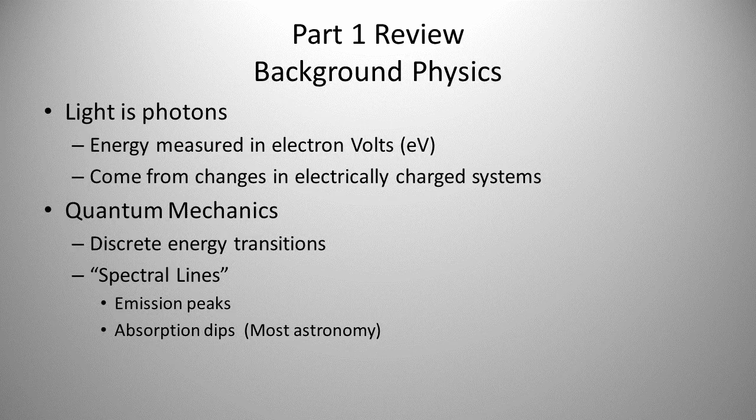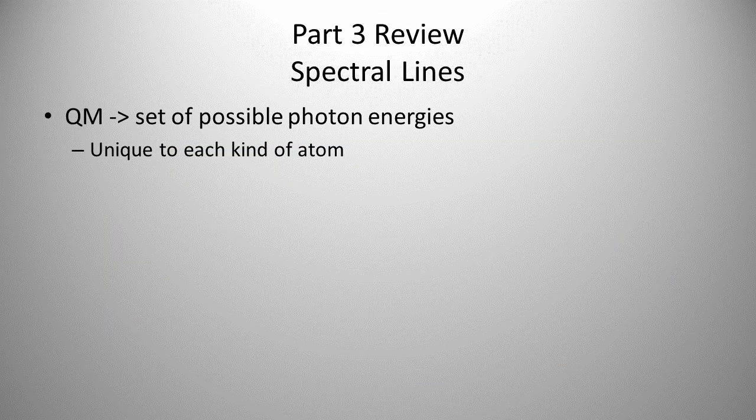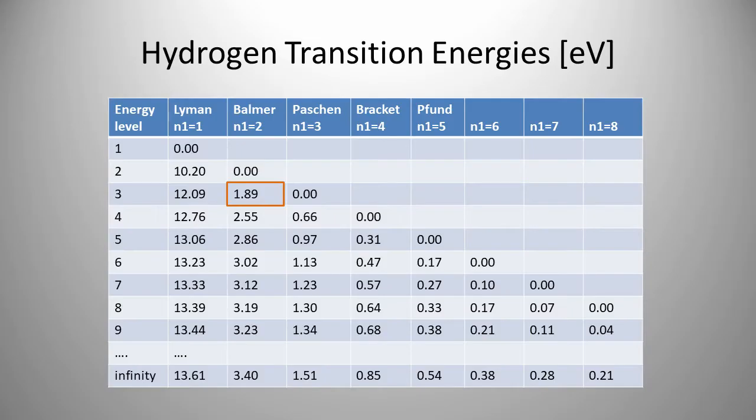In the previous video, part 3, we saw how we could make a table of the energies possible for the different spectral lines. The great thing about this was that the set of energies was unique to each kind of atom. This means that if, say, I detect a photon being emitted or absorbed with an energy of 1.89 eV, I can see from the table that that's a hydrogen atom transition, and so I know that it came from hydrogen.